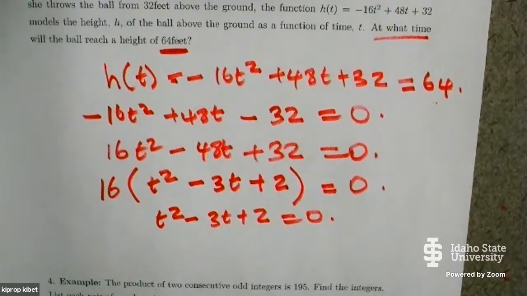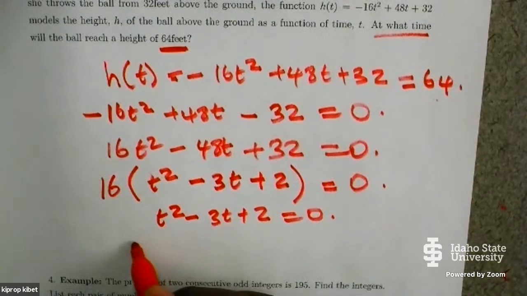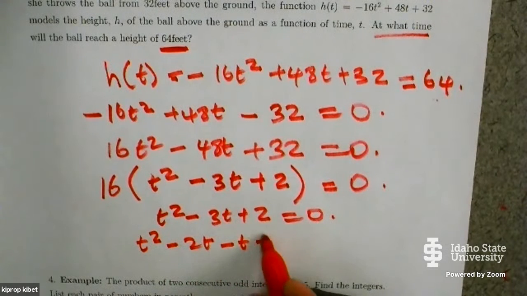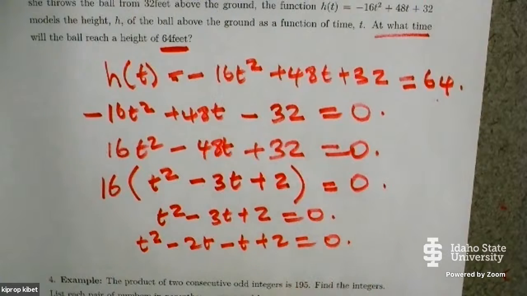Minus 2, minus 1. So we have t squared minus 2t minus t plus 2 equals 0.